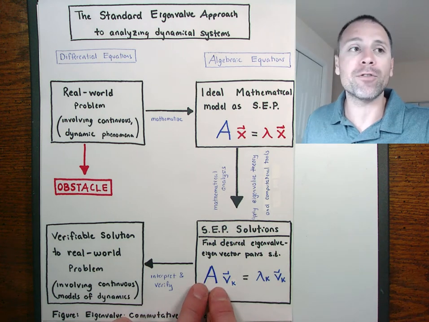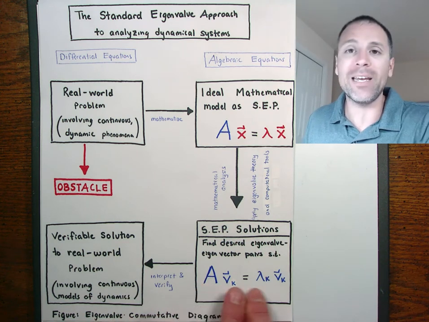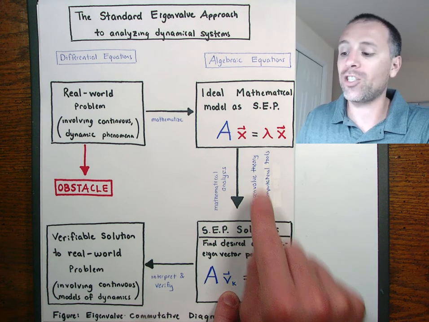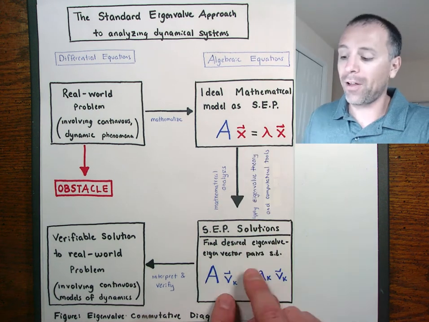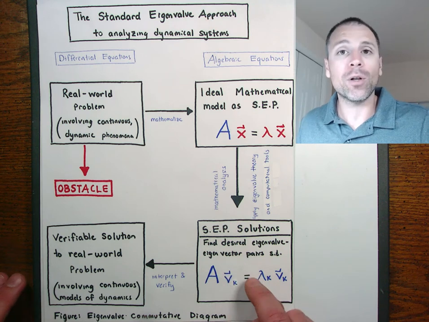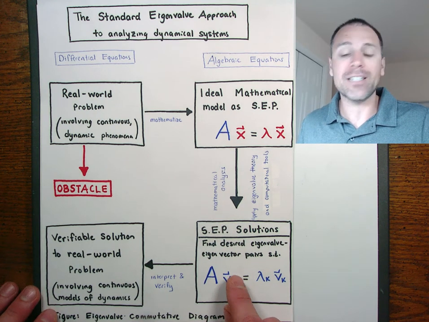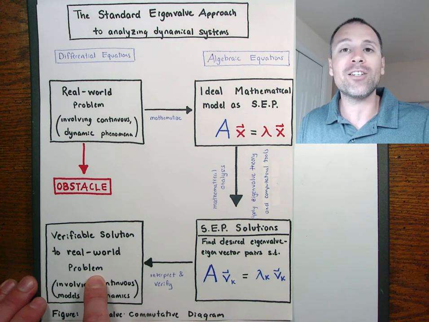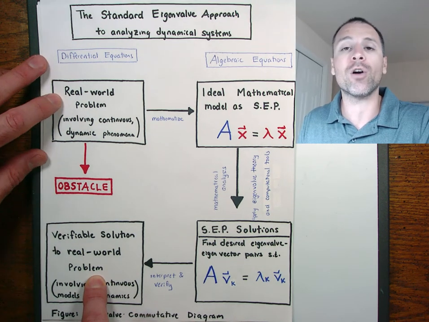Once we have those meaningful solutions, so in eigenvalue theory, that would be eigenvalue and eigenvector pairs that solve that original problem, the claim is that we should be able to, if we're lucky, interpret and verify that our solutions give us meaningful insights to the original solution that we wanted for our real world problem.